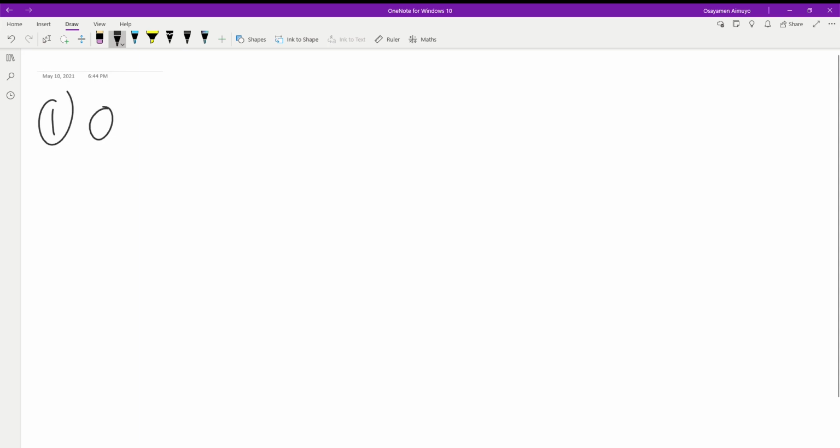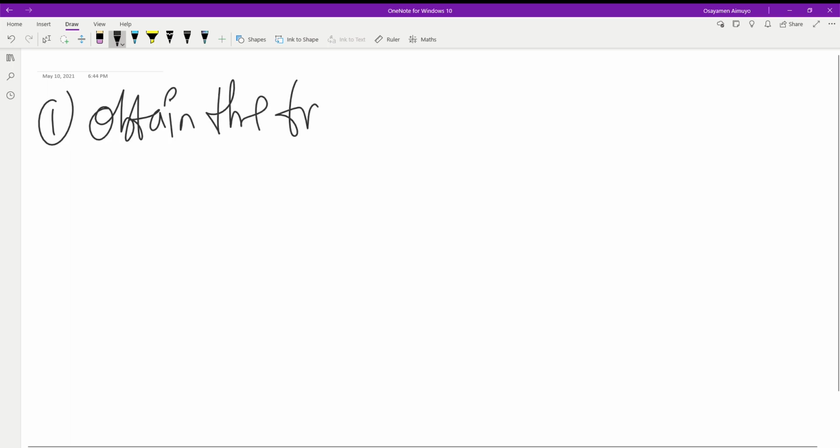first things first is to obtain the truth table. If you can get the truth table, you should be able to simplify using either K-maps, Boolean Algebra (well, K-maps is based on Boolean Algebra), and also Quine-McCluskey, if you are aware of that.